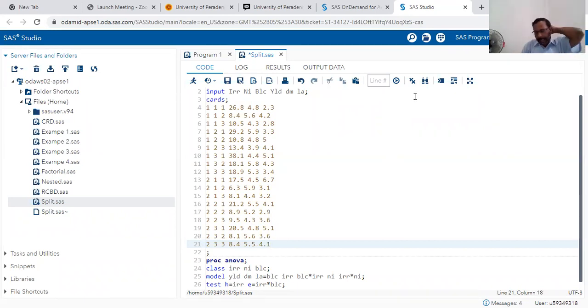Right, some playing with some data. Don't worry about this, playing with some data.